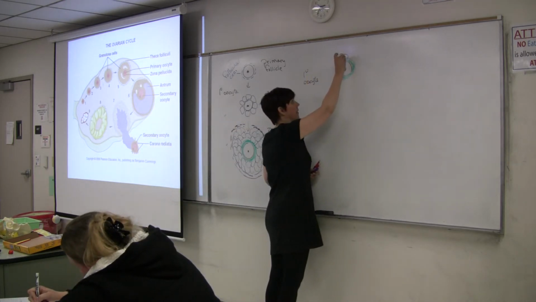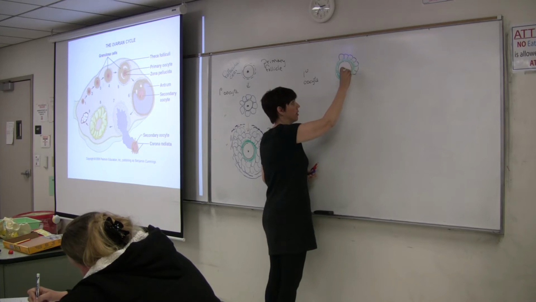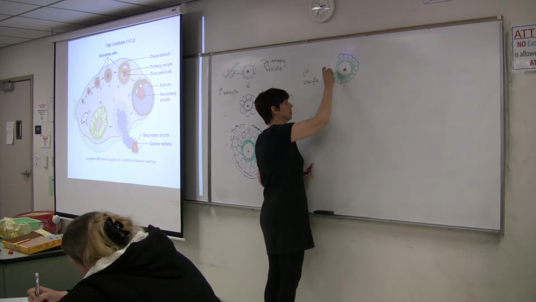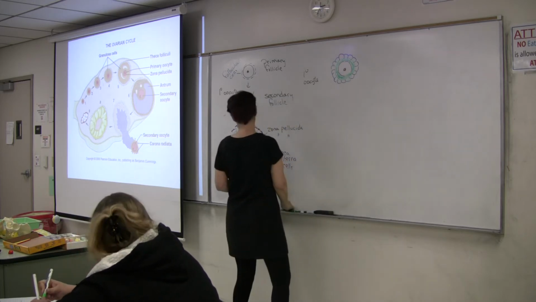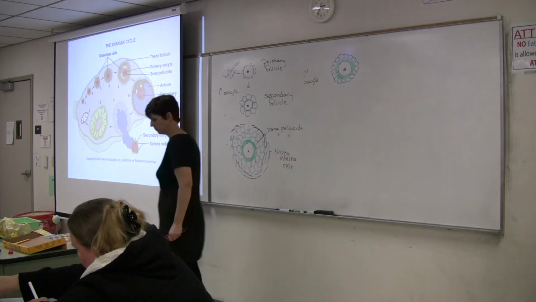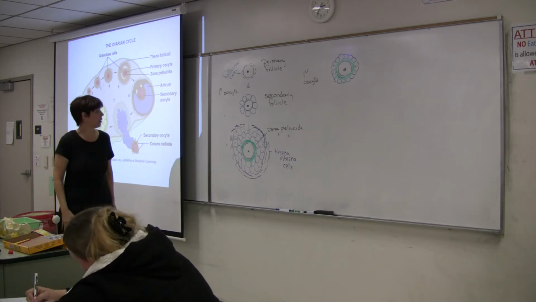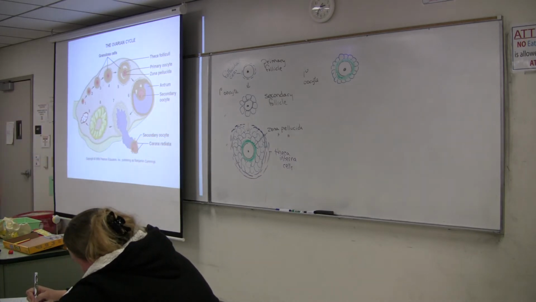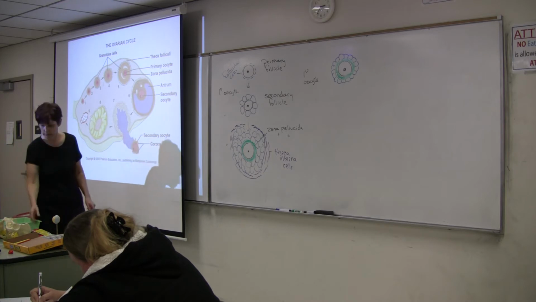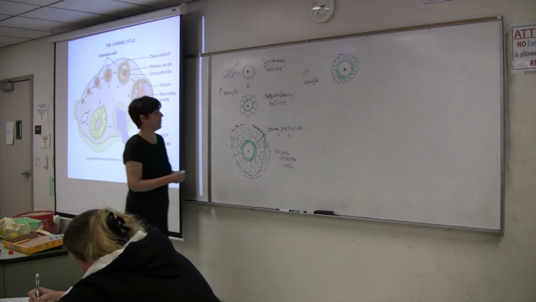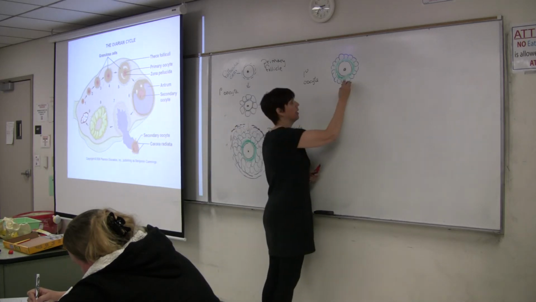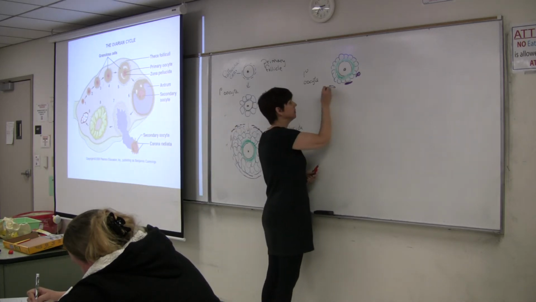Follicular cells, some of which are directly attached to the zona pellucida. And gaps appear amongst the antral cells. All right, we'll use purple. Gaps appear among the antral cells where fluid is collecting.